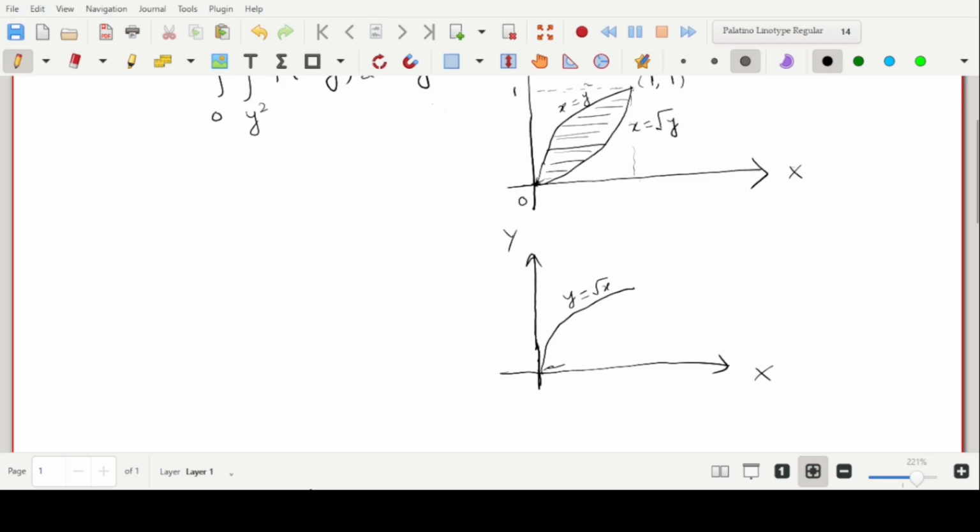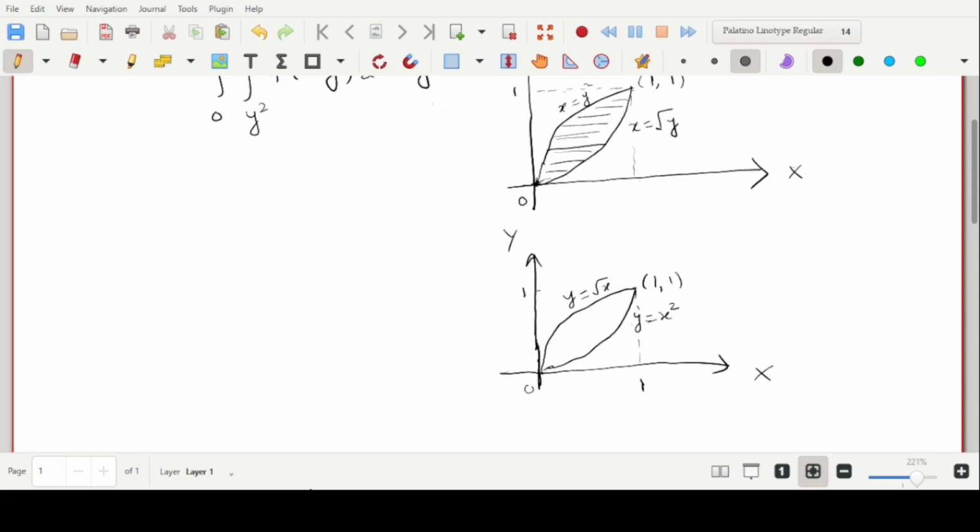The same region, the same curves, but now since we want to express y in terms of x, we are rewriting the equations. Okay, so now again here this is 0 and 1, this point is 1 comma 1, here this point is also 1, and over here y equal to, it is 0 comma 1, this is 1 comma 0.